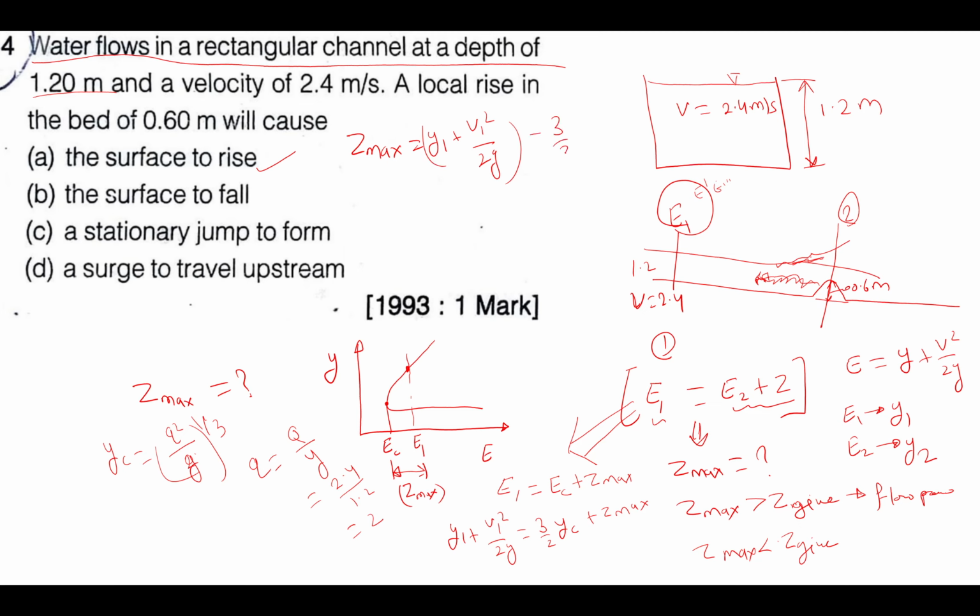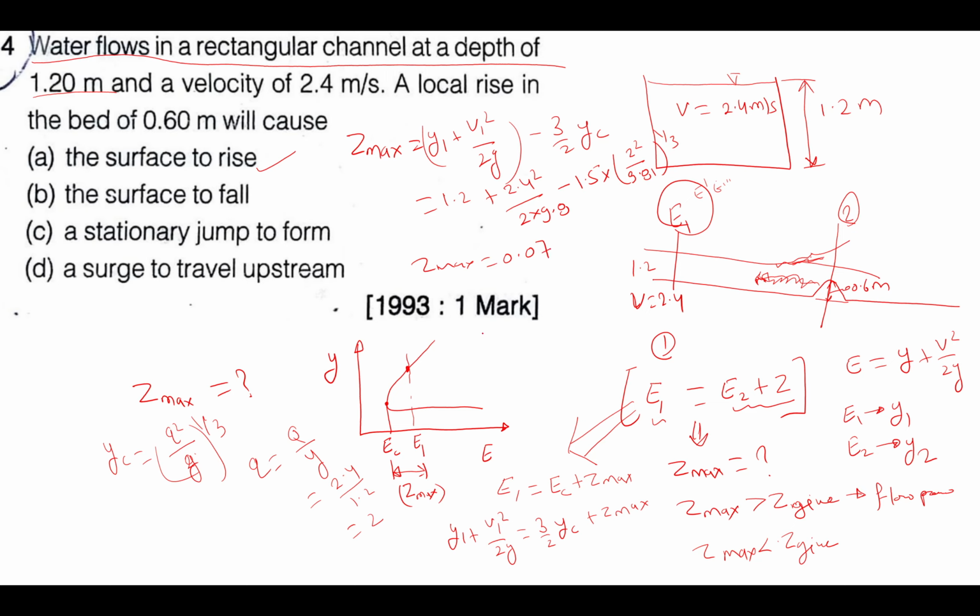So what is the value of Y1? 1.2 plus 2.4 square by 2 into 9.81, minus 1.5 into YC. What is the value of YC? YC is (2 square divided by 9.81) to the power 1 by 3. Your Z max will come around 0.07.